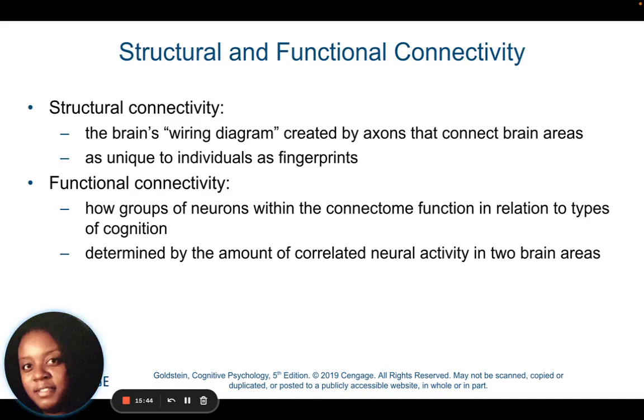Structural connectivity says that the brain's wiring diagram is created by axons that connect brain areas as unique to individuals as fingerprints, and all of our brain areas are unique to us. The idea of functional connectivity says that groups of neurons are sort of connected together and they can help us relate to different types of cognition. And all of this is determined by the amount of correlated neural activity that's happening in these various brain areas.